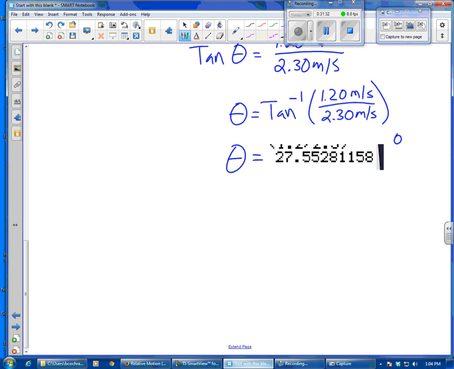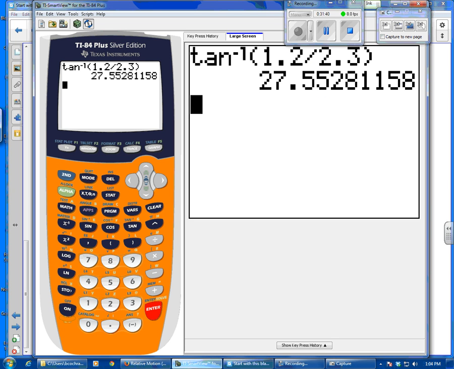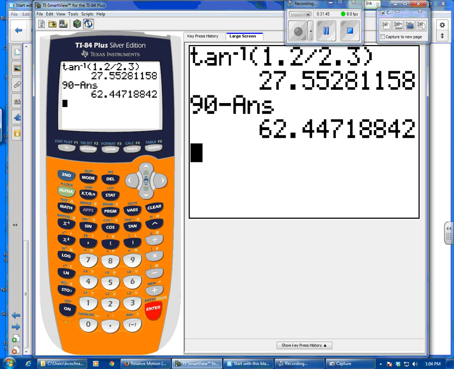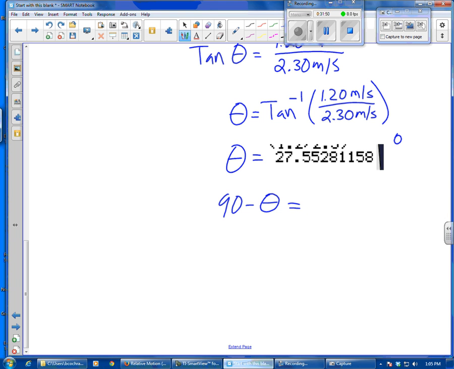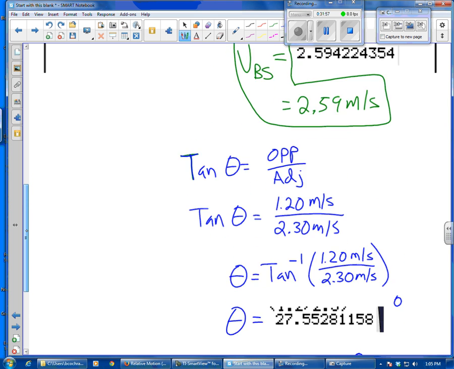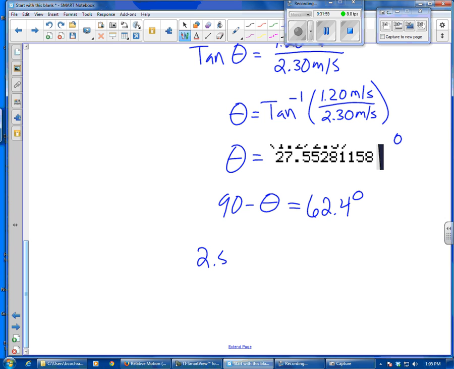And the actual answer I want is 90 minus theta, which ends up 62.4. So my velocity is 2.59 meters per second at 62.4 degrees.